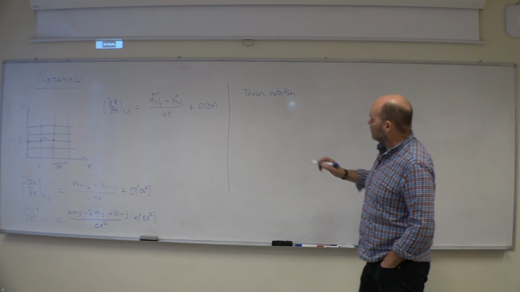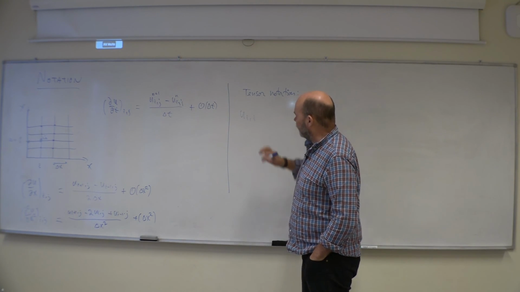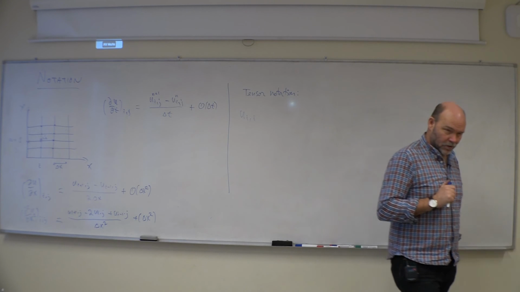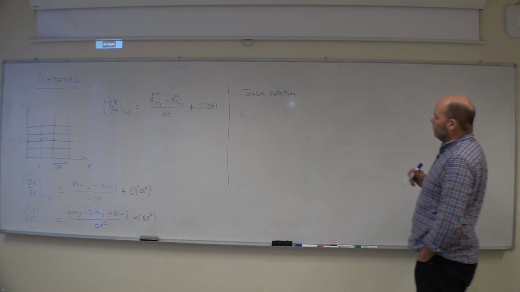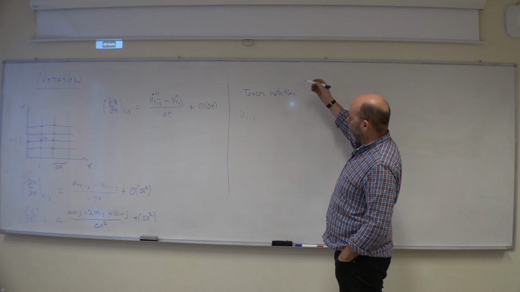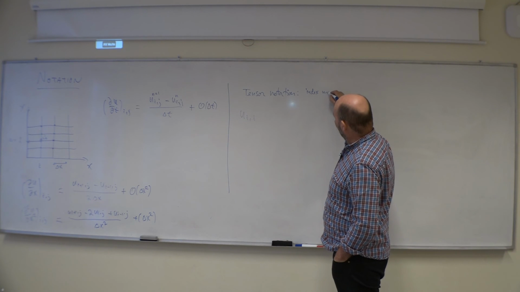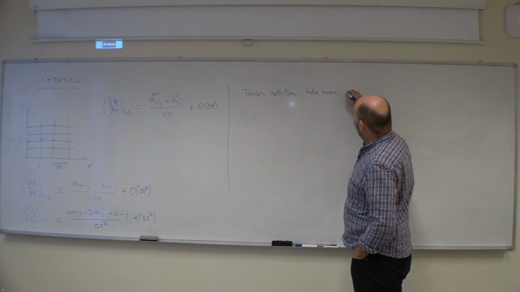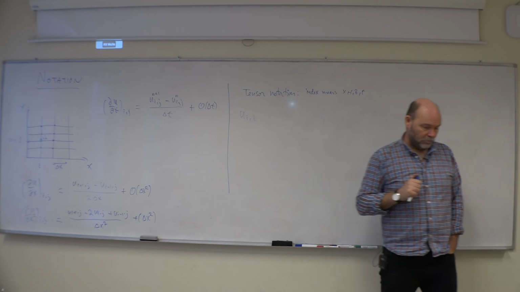Like for instance, u_i,i, what does that mean in tensor notation? Here the index i, j, whatever, means say x, y, z, or even time. That's also an option.